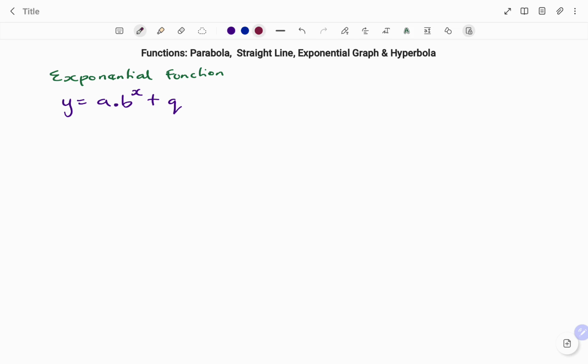In this case, my b determines the shape of the graph, such that if the value of my b is greater than 1, then I have an increasing function and the graph goes thus.